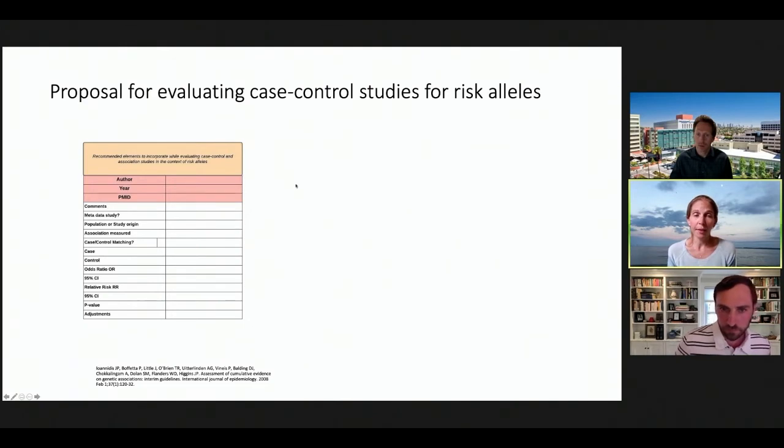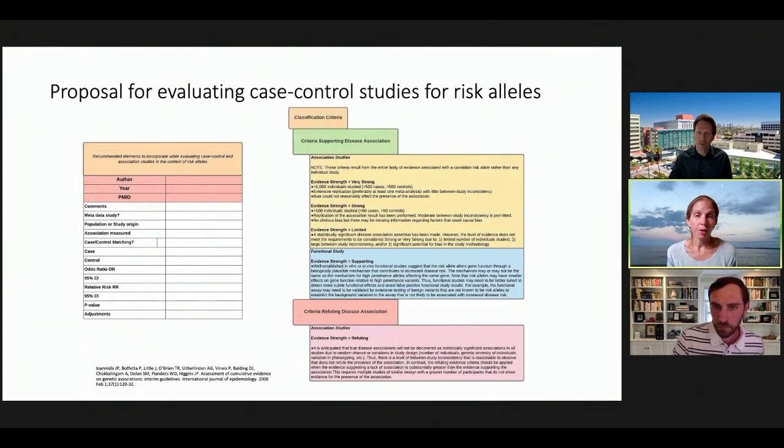So these next couple of slides are just showing you what we gave everybody to use. This is a template for putting together the evidence for a particular variant in terms of pulling all of the data together. And if you can show the next slide. Just showing again the classification criteria in terms of evidence for association studies and functional studies that would either support or refute a disease association.